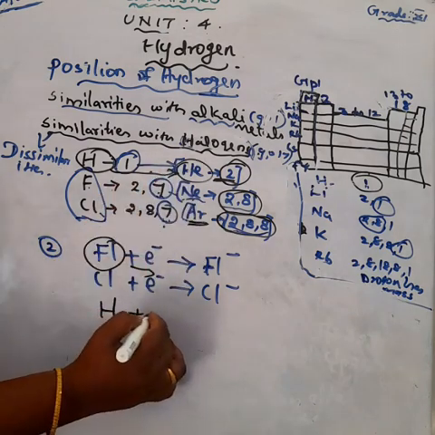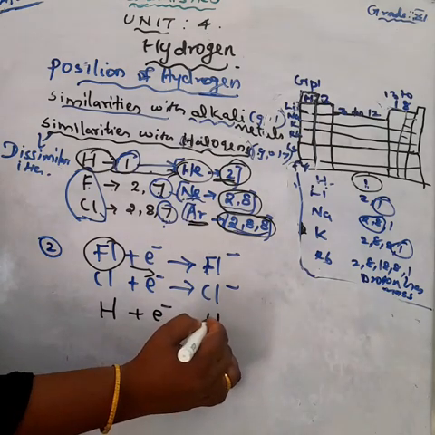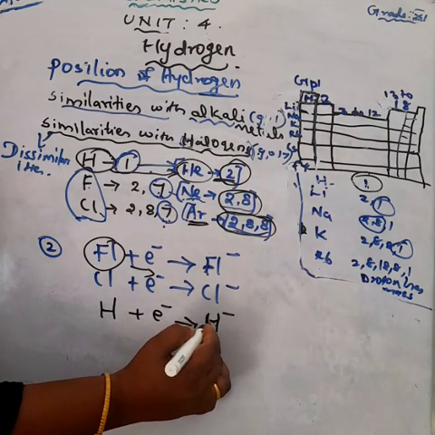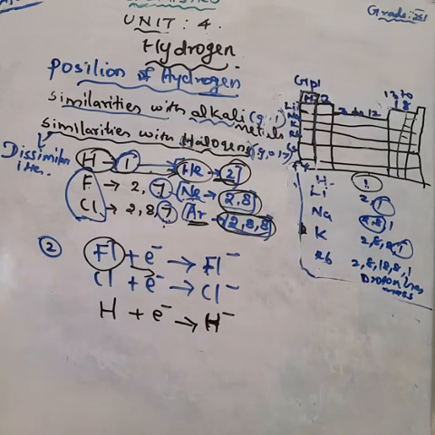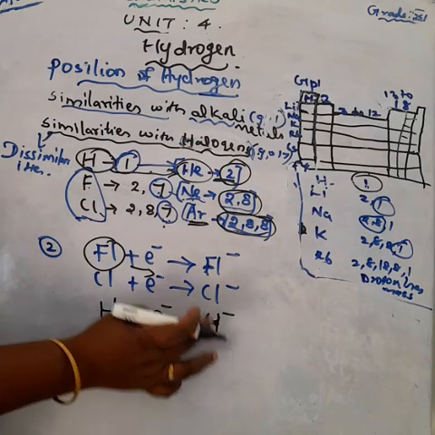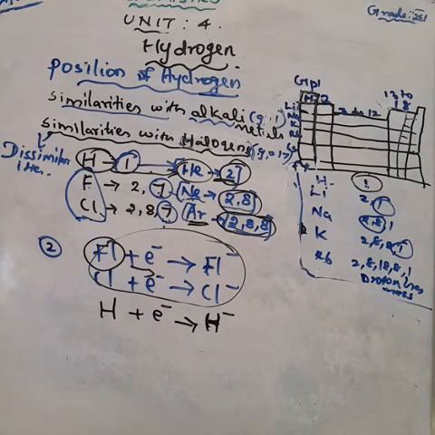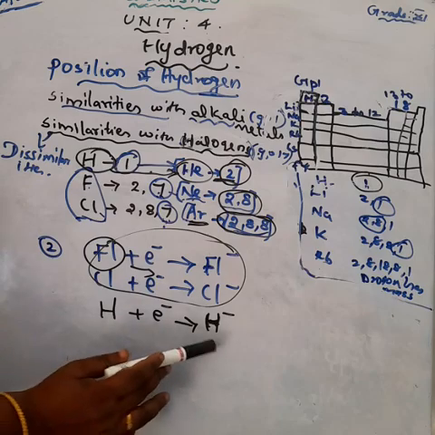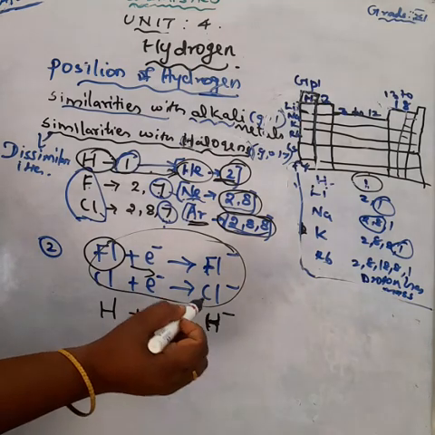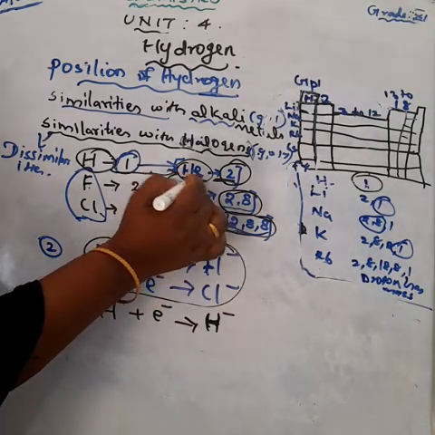Understood? So hydrogen, when it gains one electron, forms hydride ions, like the halogens. Chlorine, fluorine, bromine, all the halogens gain one electron to form chloride ions, fluoride ions, etc. So hydrogen also has a tendency to gain one electron to form the hydride ion, whose electronic configuration is similar to the noble gas helium.